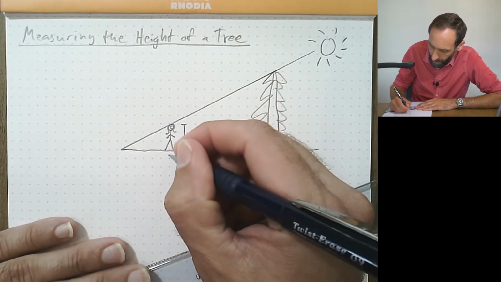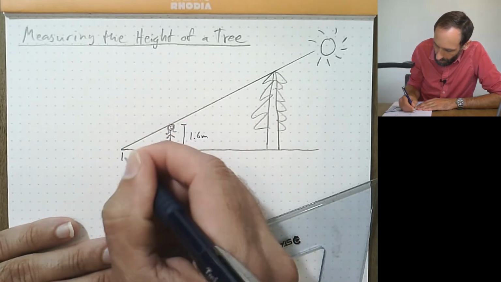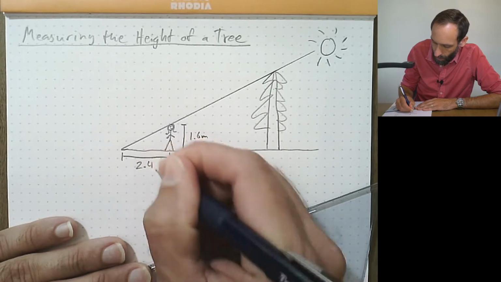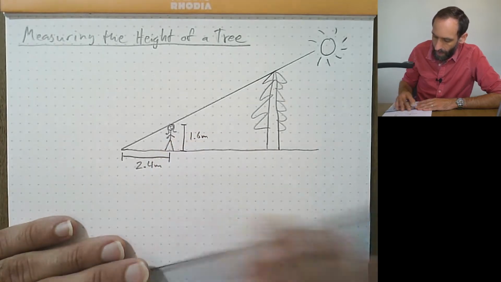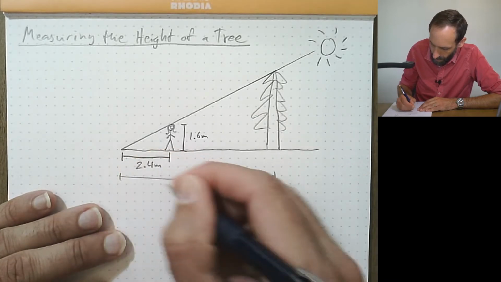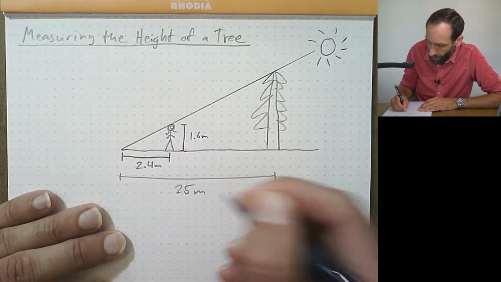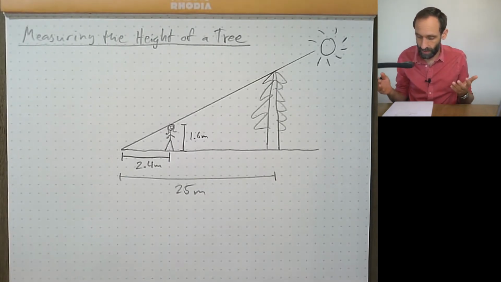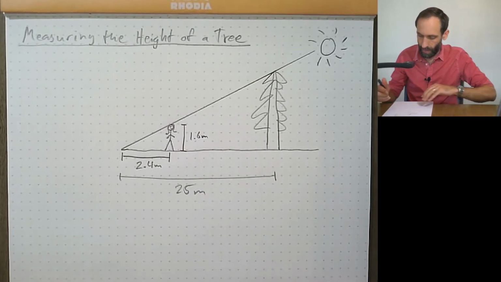All right, let's go ahead and say that the length of the shadow of the person is 2.4 meters. And let's imagine that the length of the shadow of the tree is 25 meters. Of course, you would put whatever measurements you got in that situation.